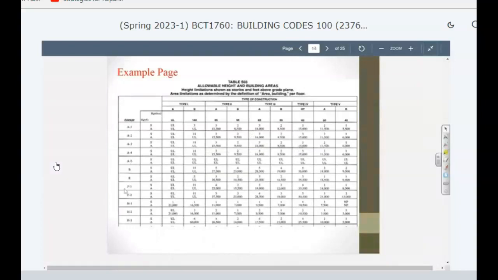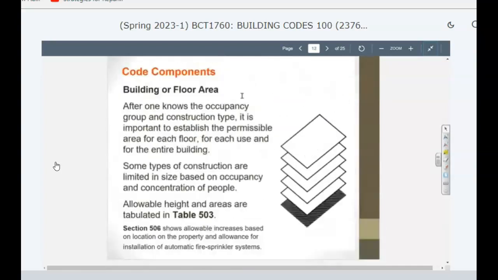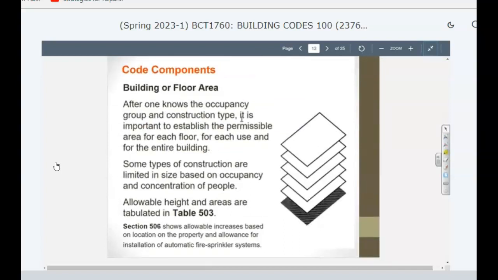Okay, so we have our group types on the left, and then we have sizes. The building floor area is shown, of how much you can get out of it.